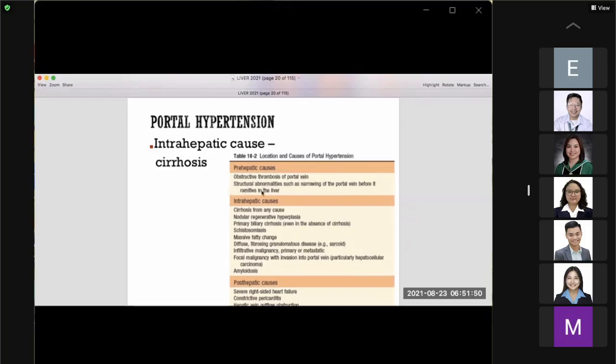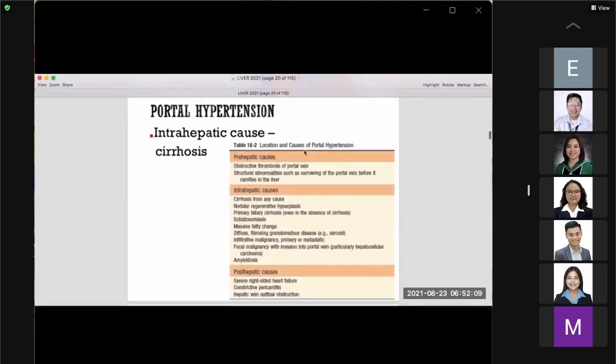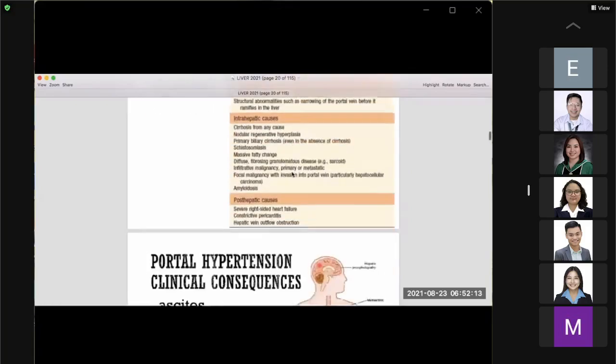And structural abnormalities, like narrowing of the portal vein, those are prehepatic causes. And then we have here an intrahepatic cause, and one of them is cirrhosis. Post-hepatic causes, we have several of them listed here, and these can cause portal hypertension in our patients.